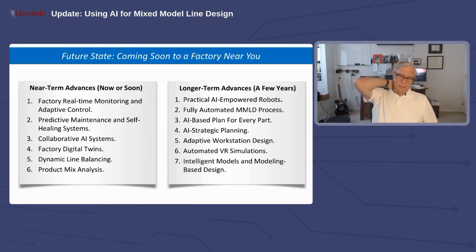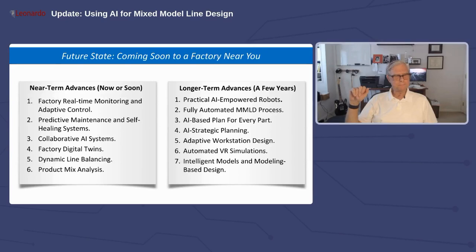Okay, so we're doing many other things with AI, but I just wanted to share those few with you with the time that we have. Now, what's coming up? There were two timeframes I wanted to look at in terms of the evolution of AI as it applies to the world of lean manufacturing or factories, Toyota production system, that kind of world.